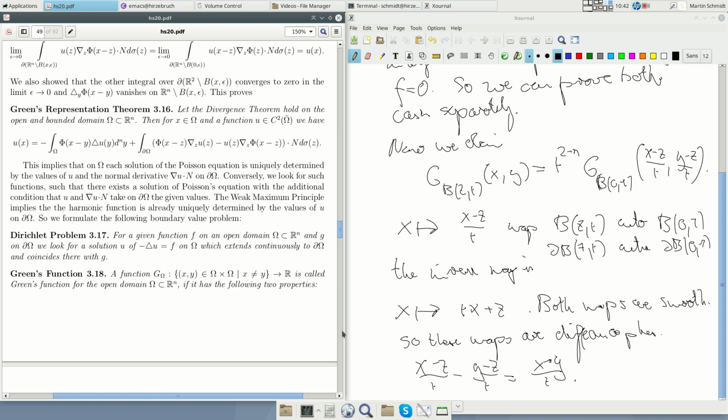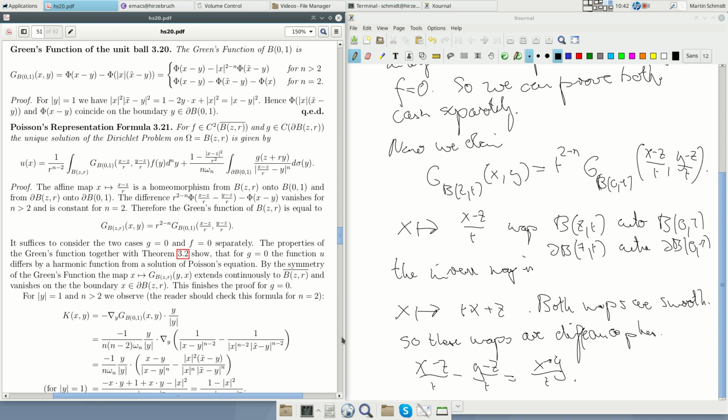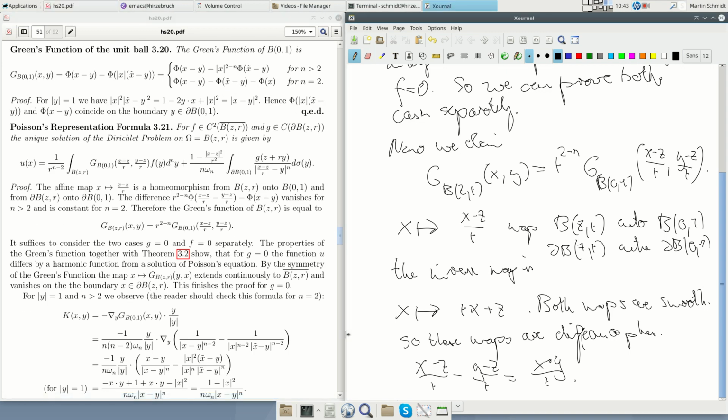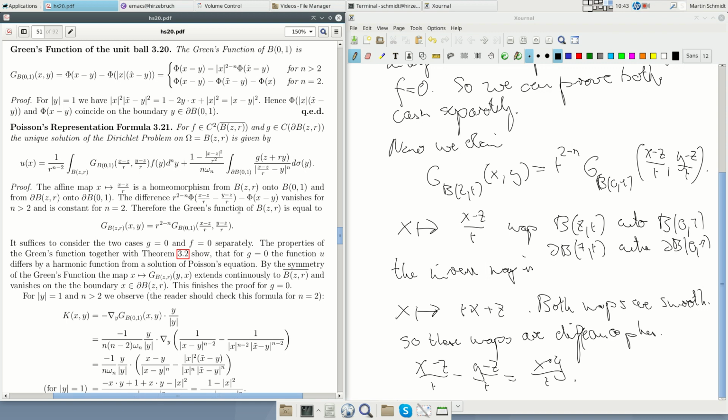So we really have that this difference vanishes for n larger than 2, and for n equals 2 it's constant.